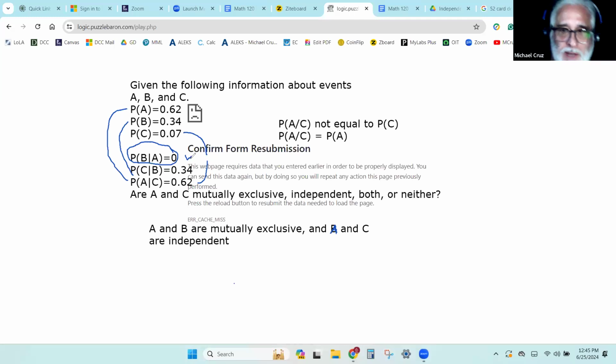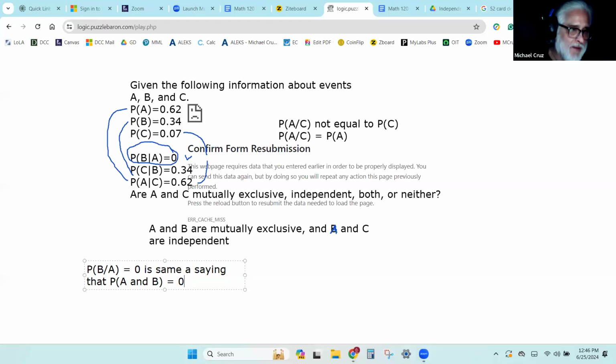But that right there is the same thing as saying the probability of B given A equals 0 is the same as saying the probability of A and B. When I did this yesterday, I was a little confused about that too, and I had to think about it.